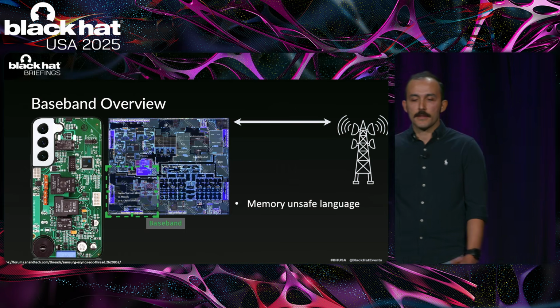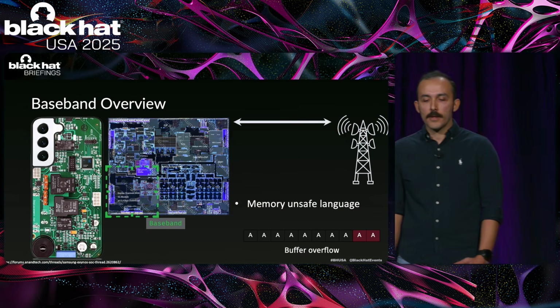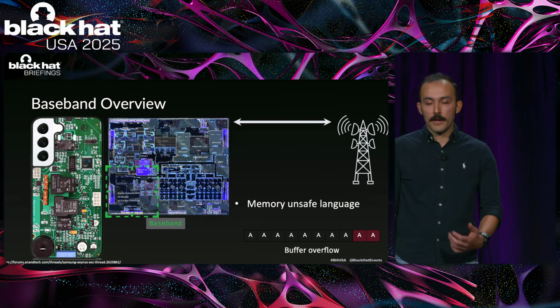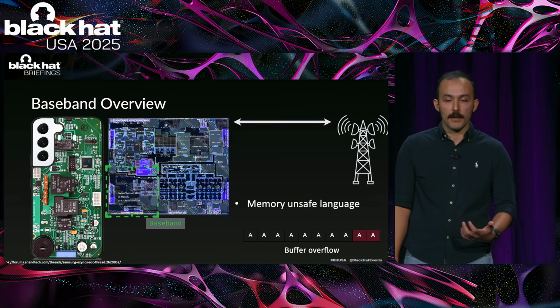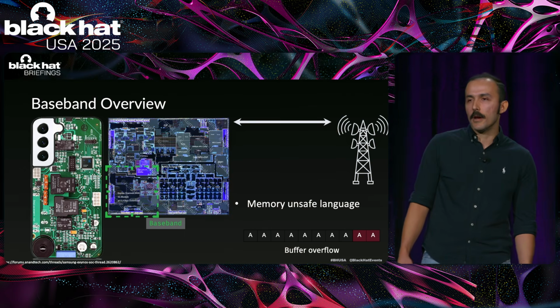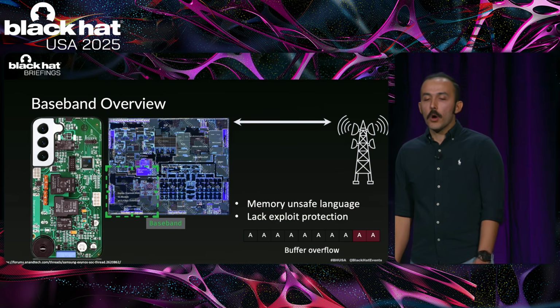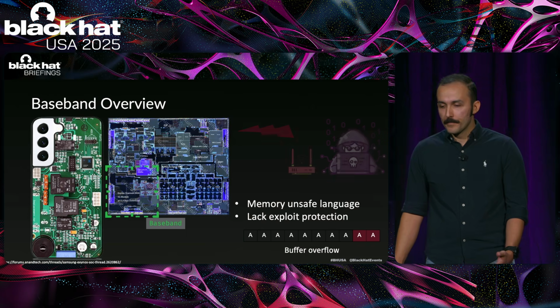This means that they are vulnerable to memory bugs like buffer overflows, and they typically lack exploit protection mechanisms such as ASLR. They're also closed-source, but their binaries can be downloaded from online sources. All these complexities mean that communications using basebands aren't always secure.